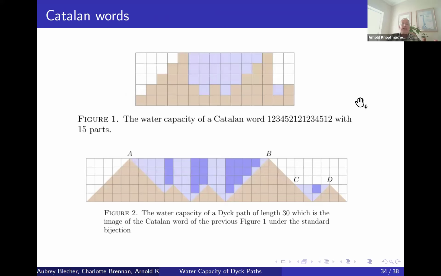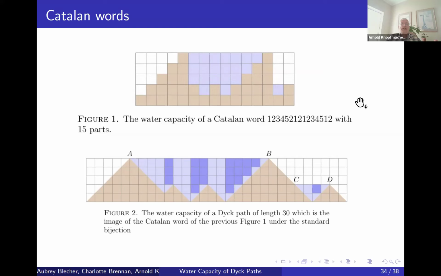What I realized is that actually the water capacity of a Dyck path is connected to the water capacity of the Catalan word if we look at a certain subset of the water. And in particular, we see that the water capacity of the word from the top picture corresponds to the dark blue water in the lower picture.